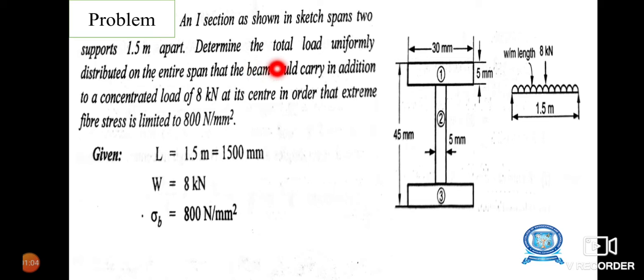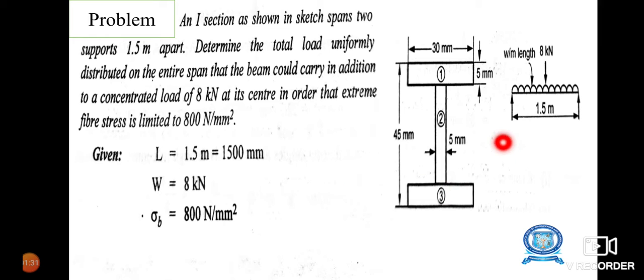Determine the total load, uniformly distributed on the entire span, that the beam could carry in addition to a concentrated load of 8 kilonewton at its center, in order that the extreme fiber stress is limited to 800 newton per millimeter square. So that is the problem.